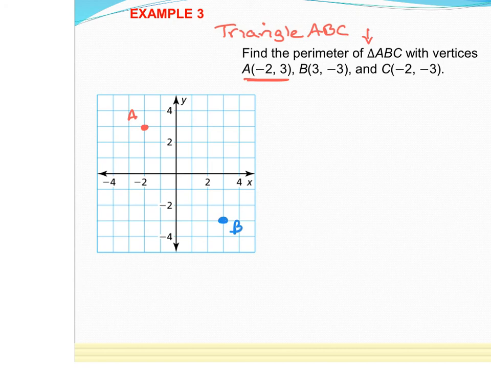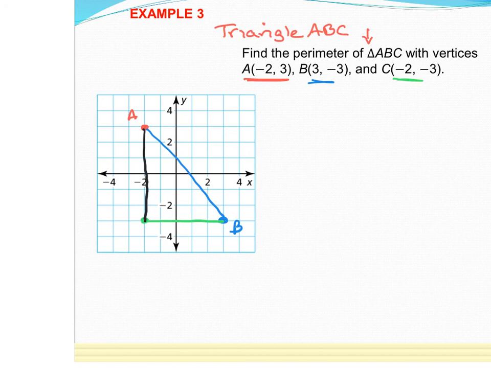And then I'm going to graph C, -2, -3. Now what I need to do is connect my vertices. And now I have to figure out how long the black side is, the blue, and the green.